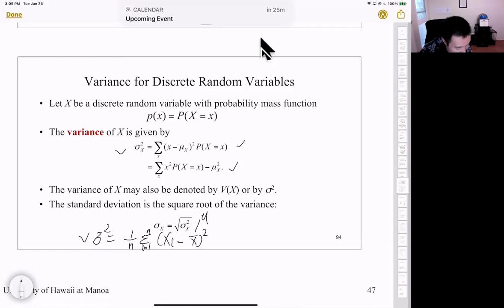Let me write down another format for that. Again, here p is the probability.